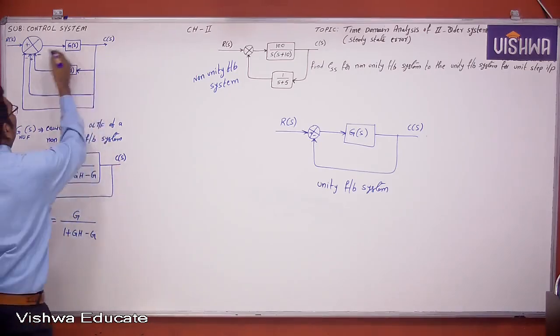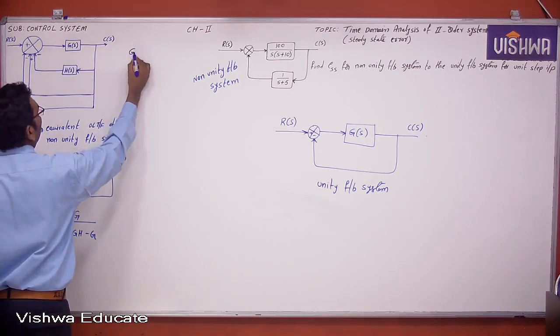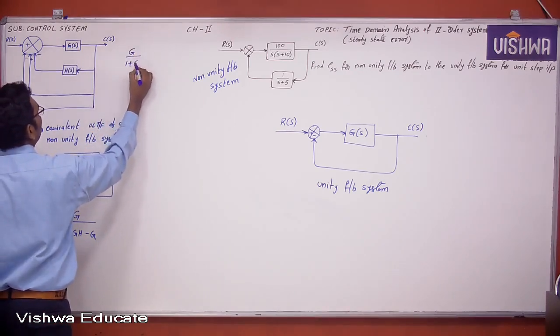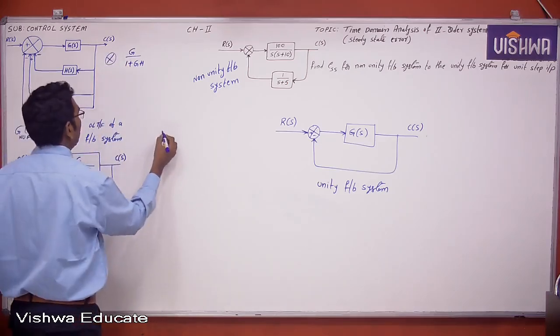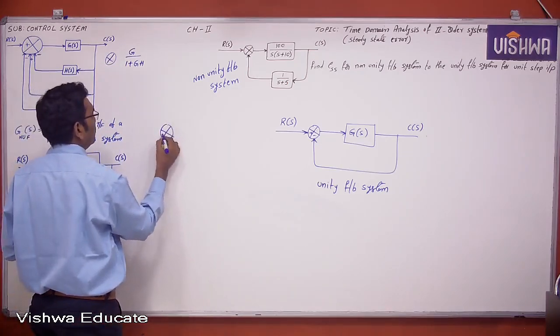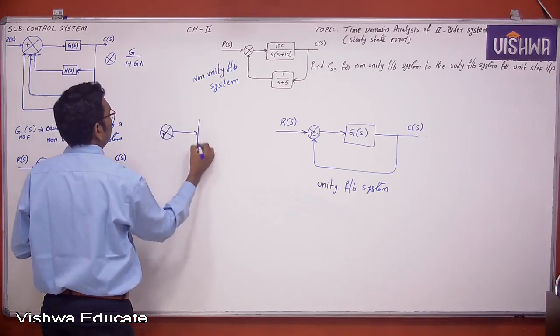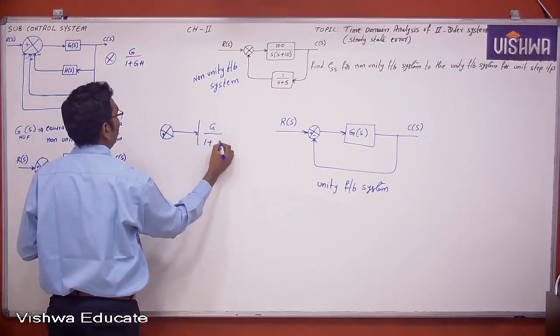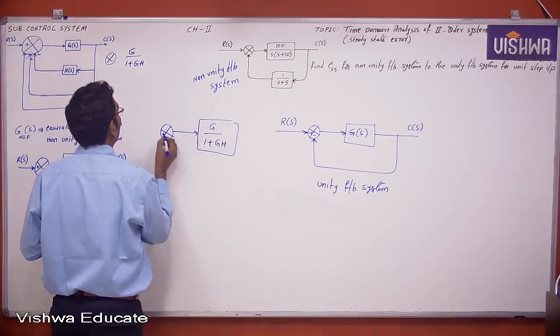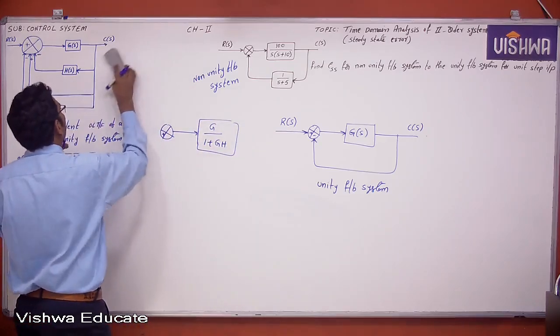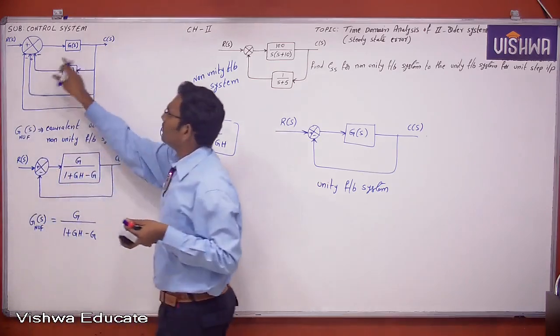So this is the negative feedback, therefore G by 1 plus GH, right? Now this is a negative feedback system, G by 1 plus GH.